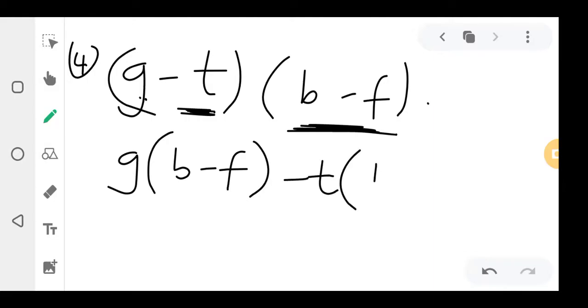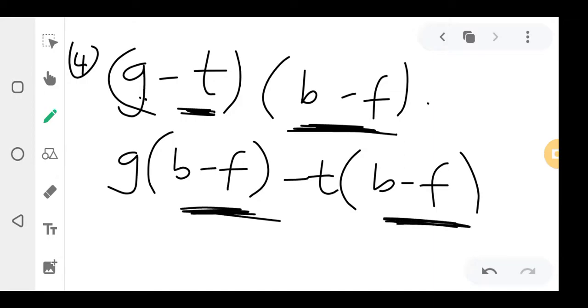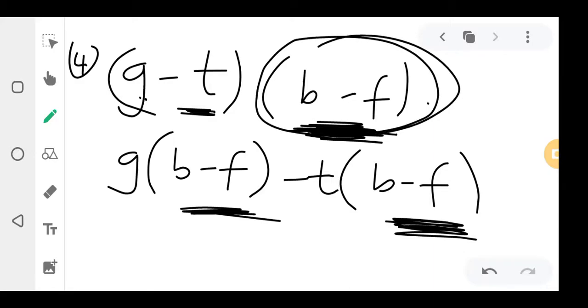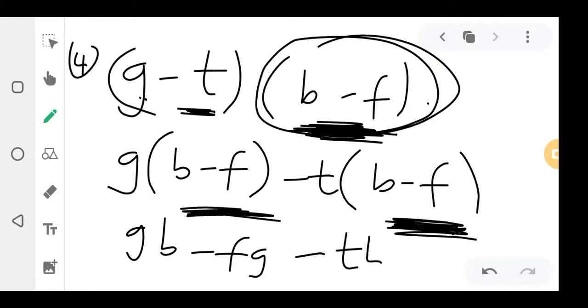Again, you multiply it with (b minus f). You see, this (b minus f) is also coming this side. This part is always repeated twice. It comes here and it comes there. So gb minus fg minus tb plus tf.